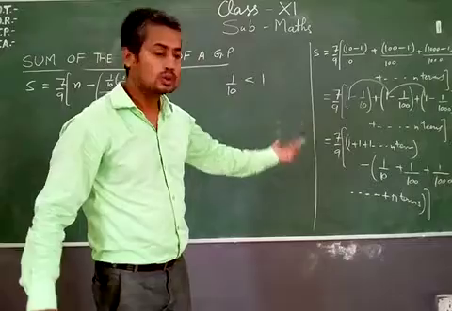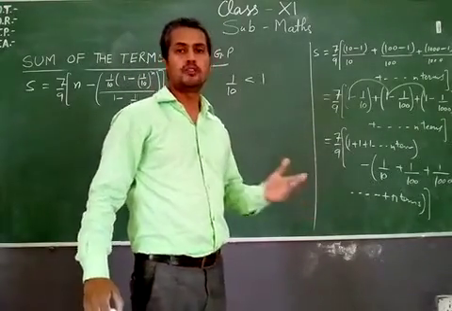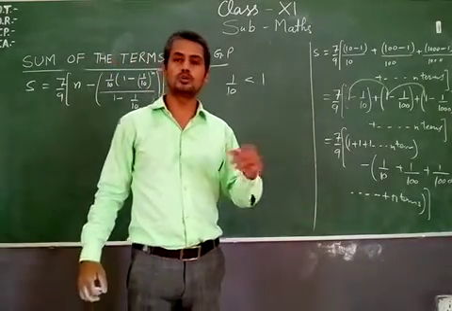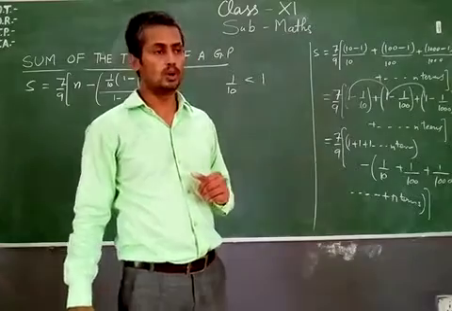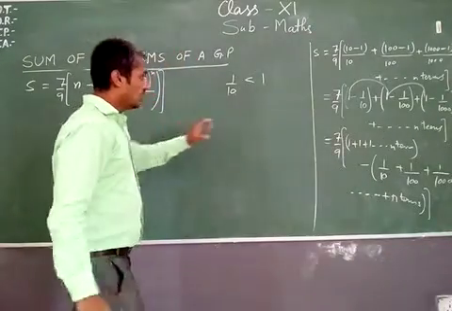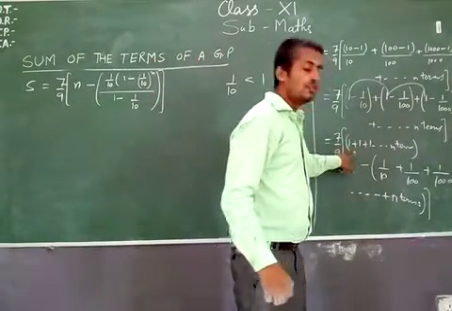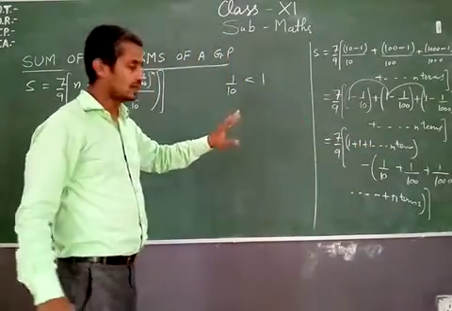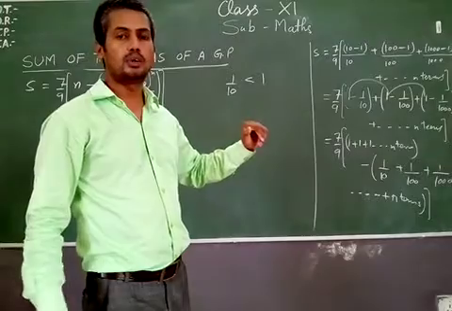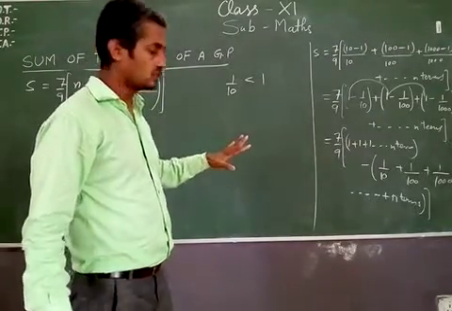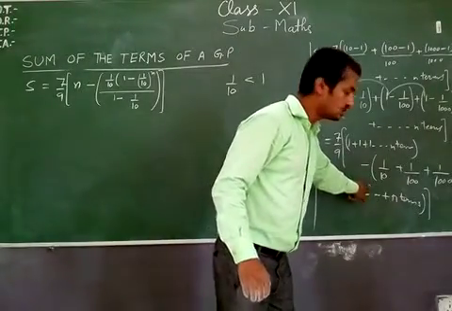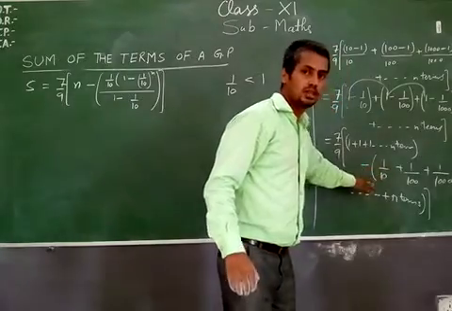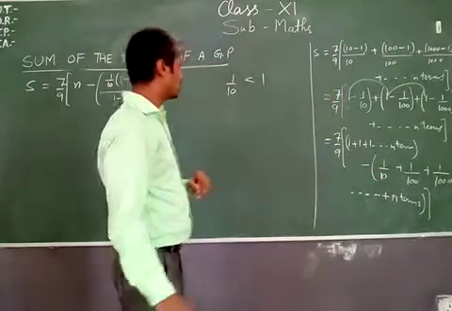So we have to use the second formula for the sum: a into 1 minus r power n upon 1 minus r. To find the sum of a GP up to n terms, we can write Sn equals a into r power n minus 1 upon r minus 1, but for this GP we have to use the second formula.